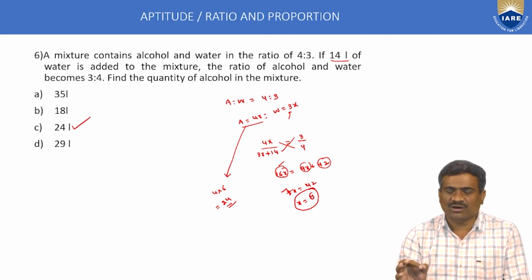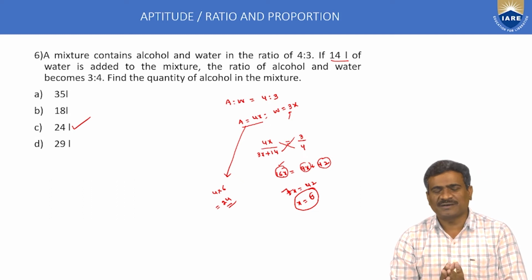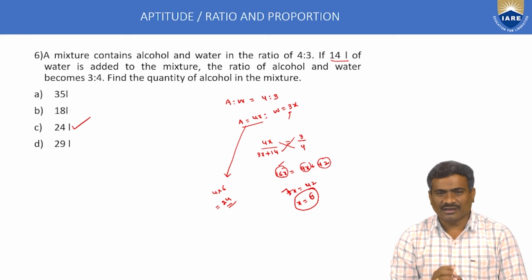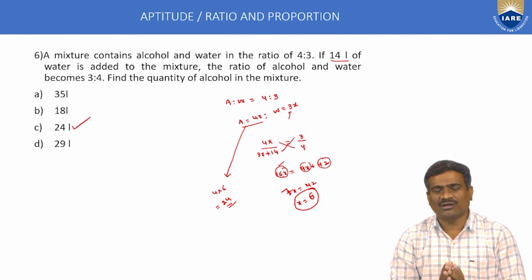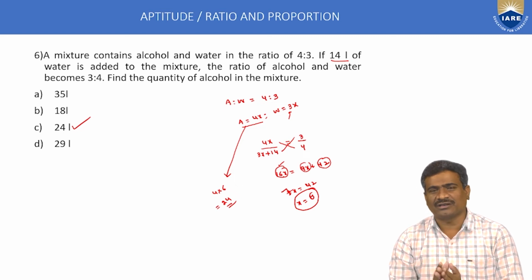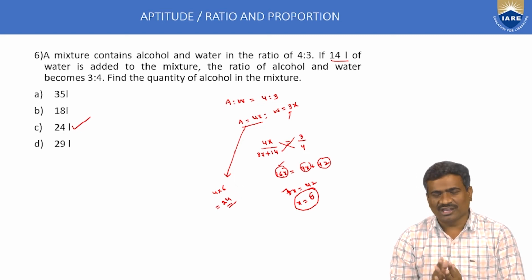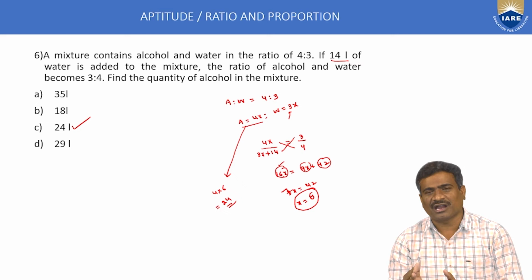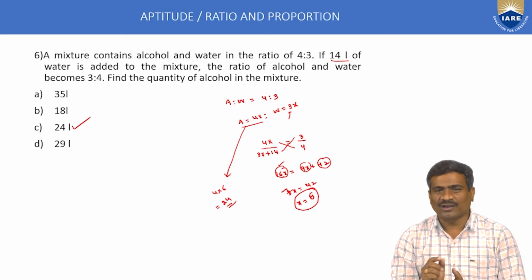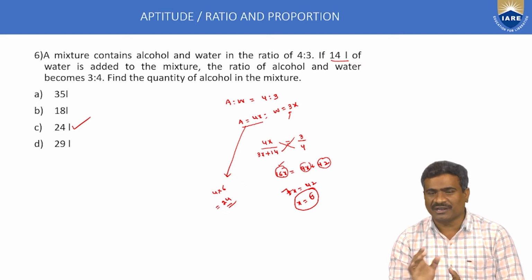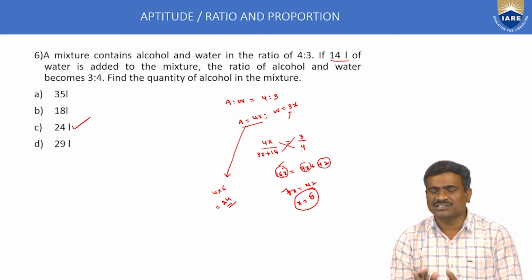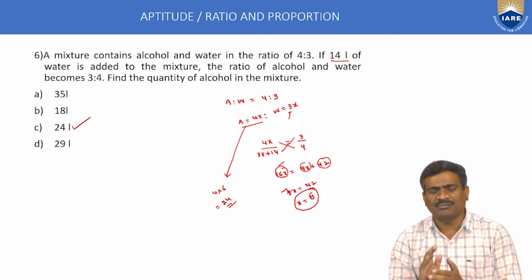This concept is also important for placements and competitive exams. Another model: in a quantity of 90 liters, water and milk are in the ratio 2:3. If 10 liters of water is added to the mixture, find the new ratio. The type of questions also depends on the same method.